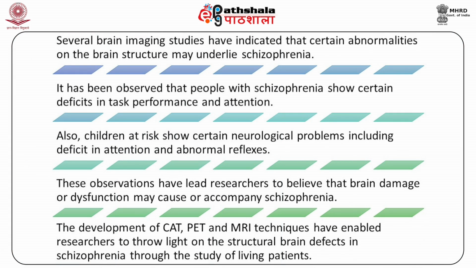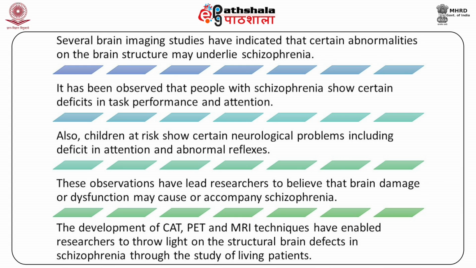Several imaging studies have indicated that certain abnormalities in the brain structures may underlie schizophrenia. It has been observed that people with schizophrenia show certain deficits in task performance and attention. Also, children at risk show certain neurological problems including deficit in attention and abnormal reflexes.